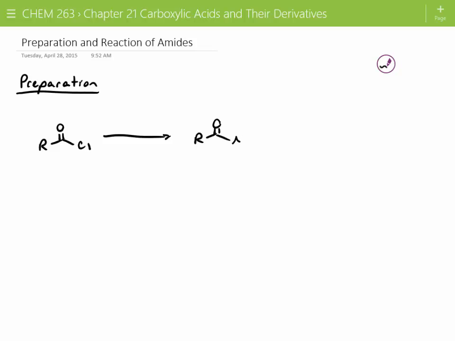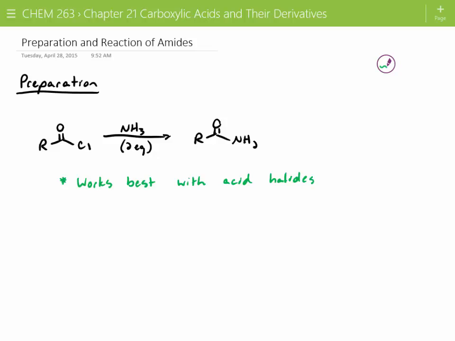And what reagent do we need? Ammonia, right? So we need NH3, and we need two equivalents because it acts as its own base, and we can directly prepare an amide. In this case, it works best with acid chlorides. Or acid halides, I should say.